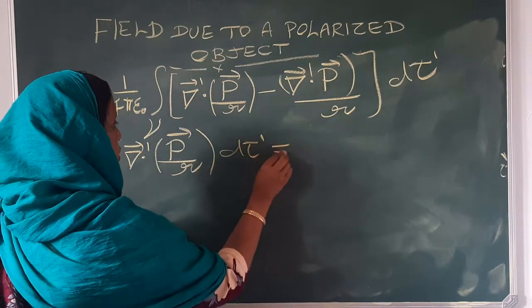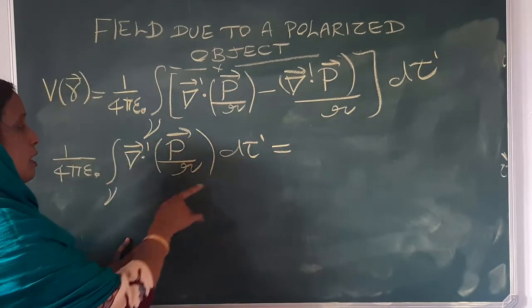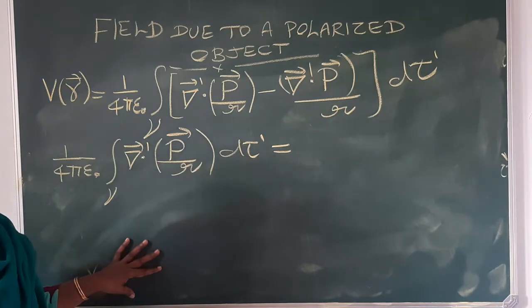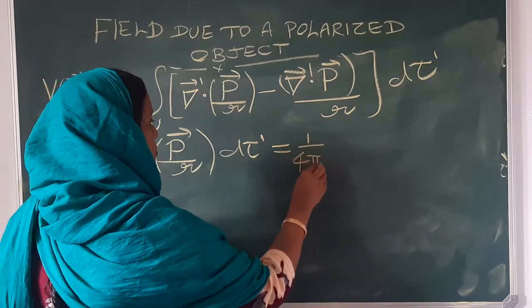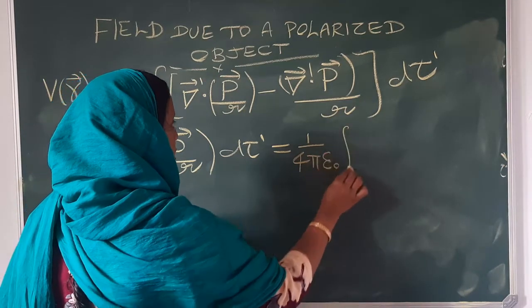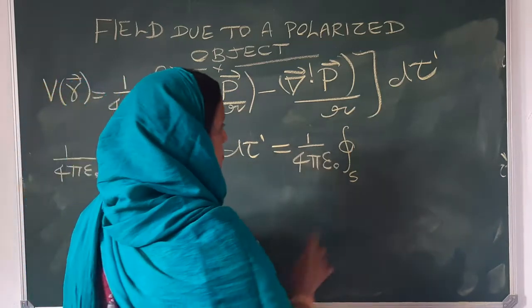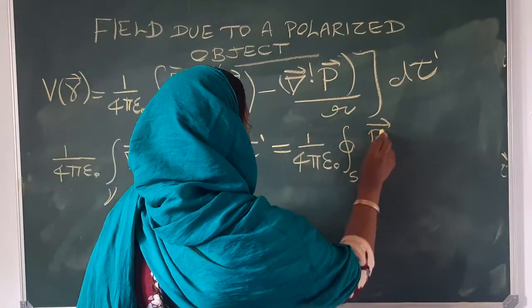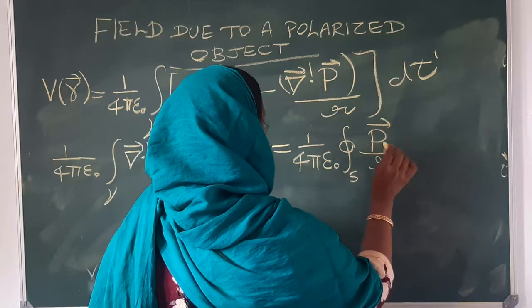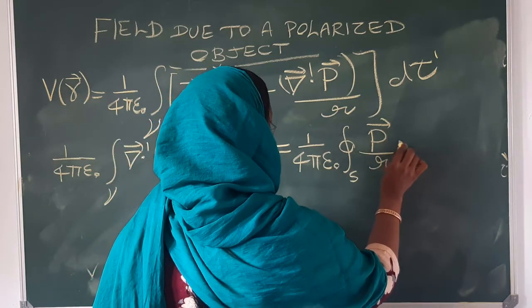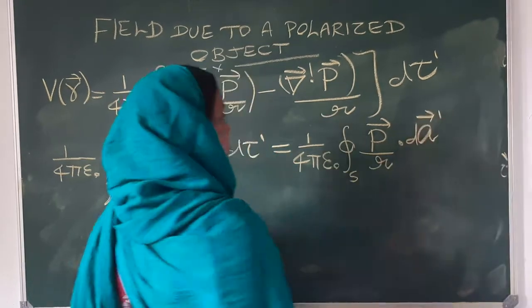This is equal to, using the Gauss divergence theorem, you can replace this with the closed surface integral: 1 by 4 pi epsilon 0 closed surface integral polarization by separation vector dot dA prime.